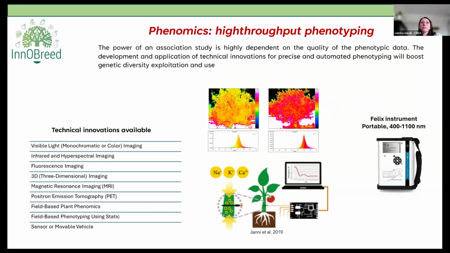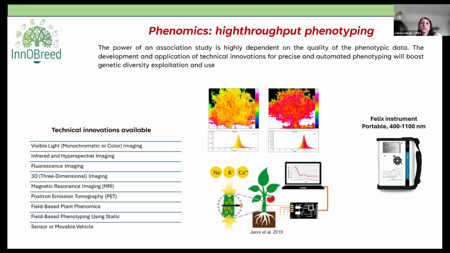It's very important to say that phenotyping is crucial for a good genome-wide experiment result. In fact, the power of an association is highly dependent on the quality of the phenotypic data.